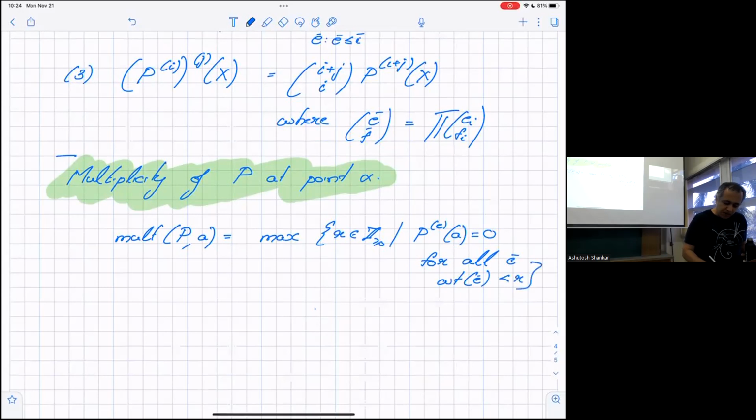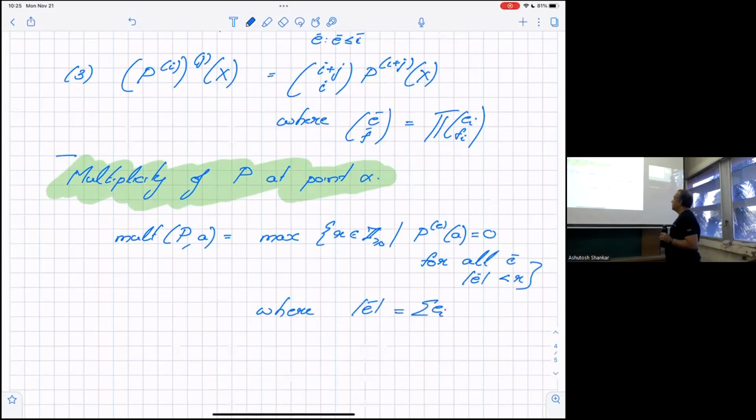And what do I mean by weight? Let me just use mod E bar, which is just the summation of the E_i. This is exactly the same notion as before.